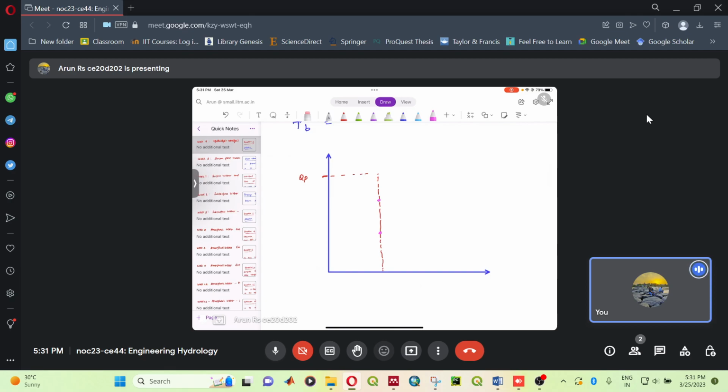To the left we will have 1/3, similarly here also 1/3. To the right we will have 2/3, similarly 2/3. It starts at the 0th ordinate and ends at the 62nd. So this will be the time to base, capital TB.